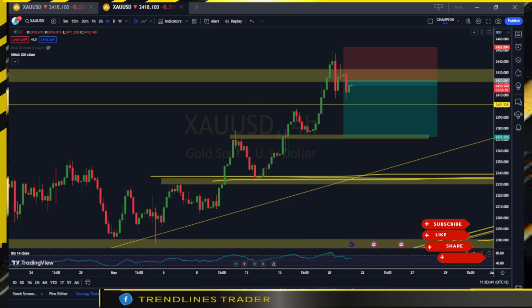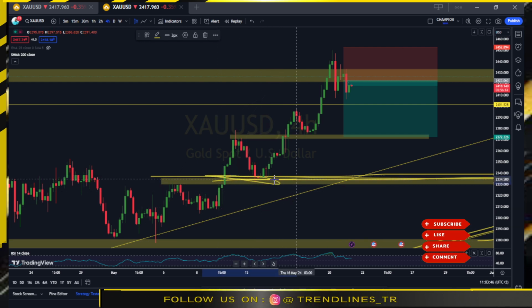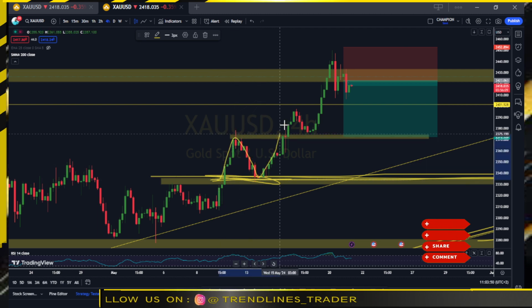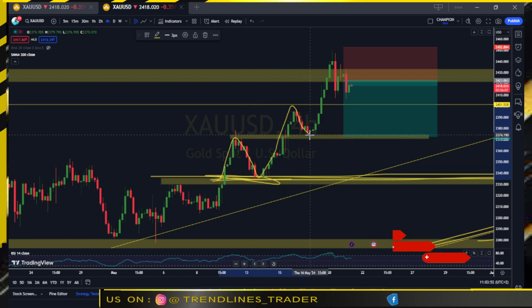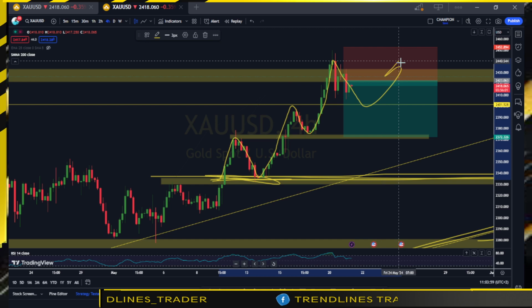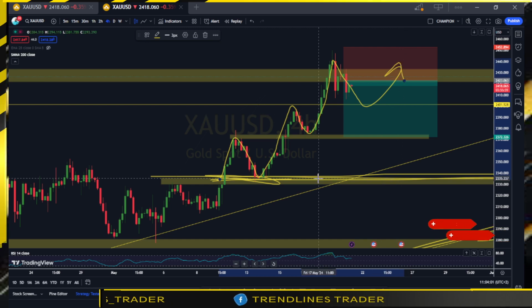We can witness that the price managed to give us a beautiful structure, as we are always expecting the price to move with the same expectations.